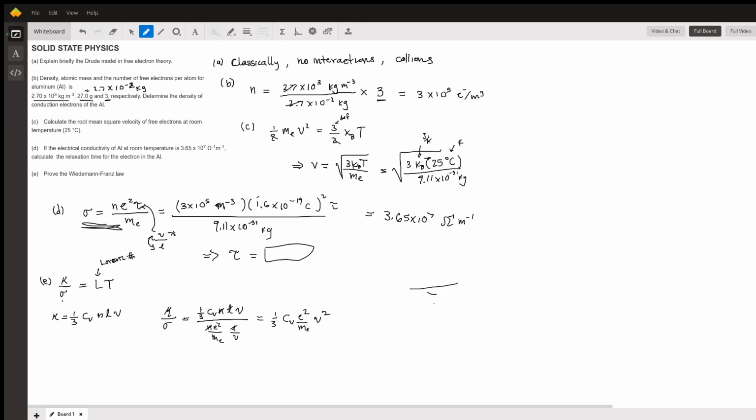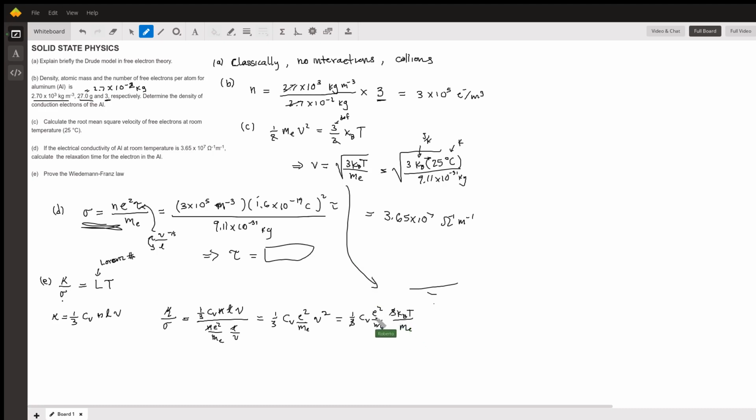If we plug in the velocity that we found before, this is 1/3 C_V e squared over m, and we found the RMS velocity, so let's plug it in, 3 kBT over m.